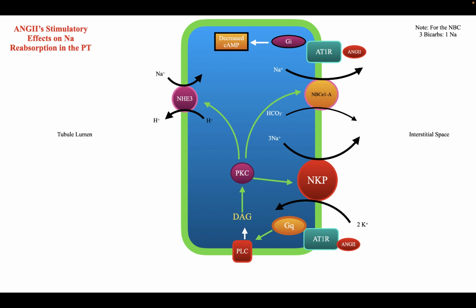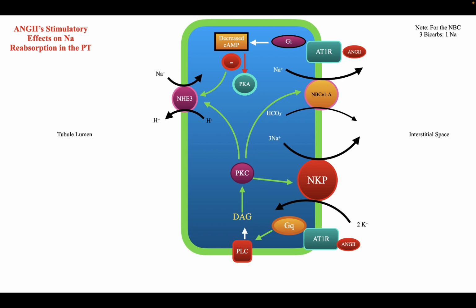This decreased cyclic AMP will inhibit the enzyme protein kinase A, and when protein kinase A is inhibited, this activates the NHE3 protein. By activating the NHE3 protein, this allows it to bring in more sodium from the tubule lumen, therefore increasing sodium reabsorption.